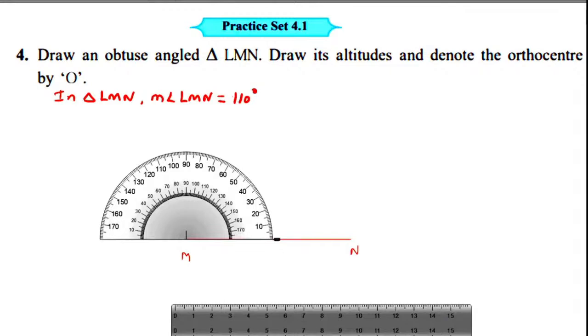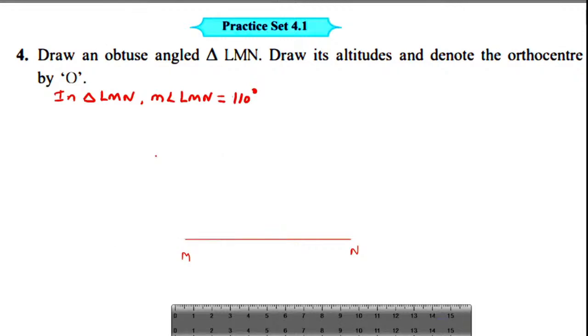Segment MN is to the right of the point M, so count the degrees from 0 to 110 from right to left. 0, 10, 20, 30, 40, 50, 60, 70, 80, 90, 100, 110. Take a point at 110 degree.